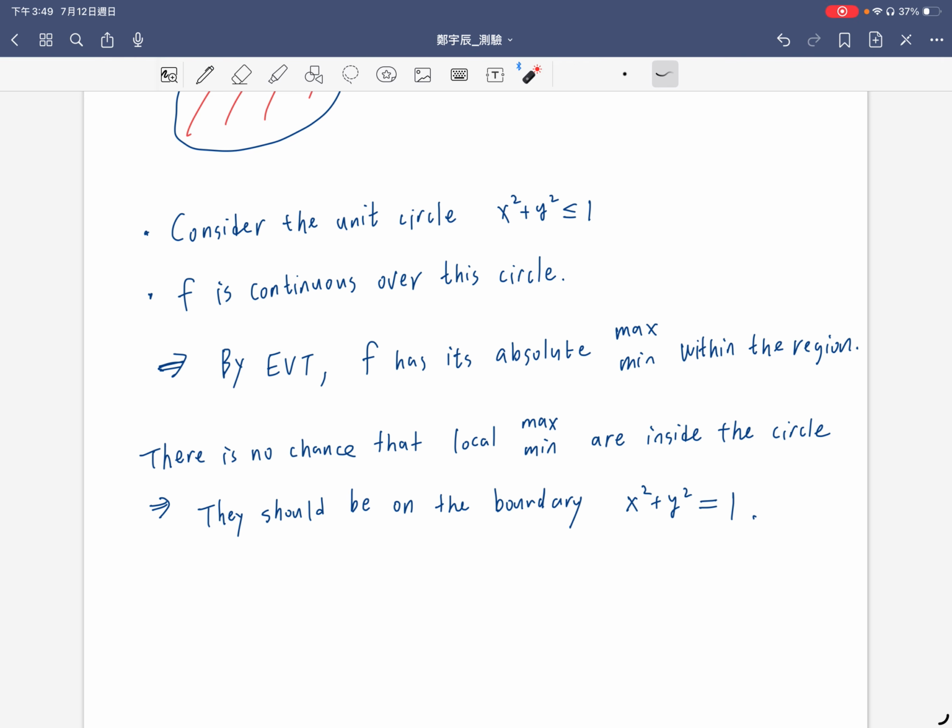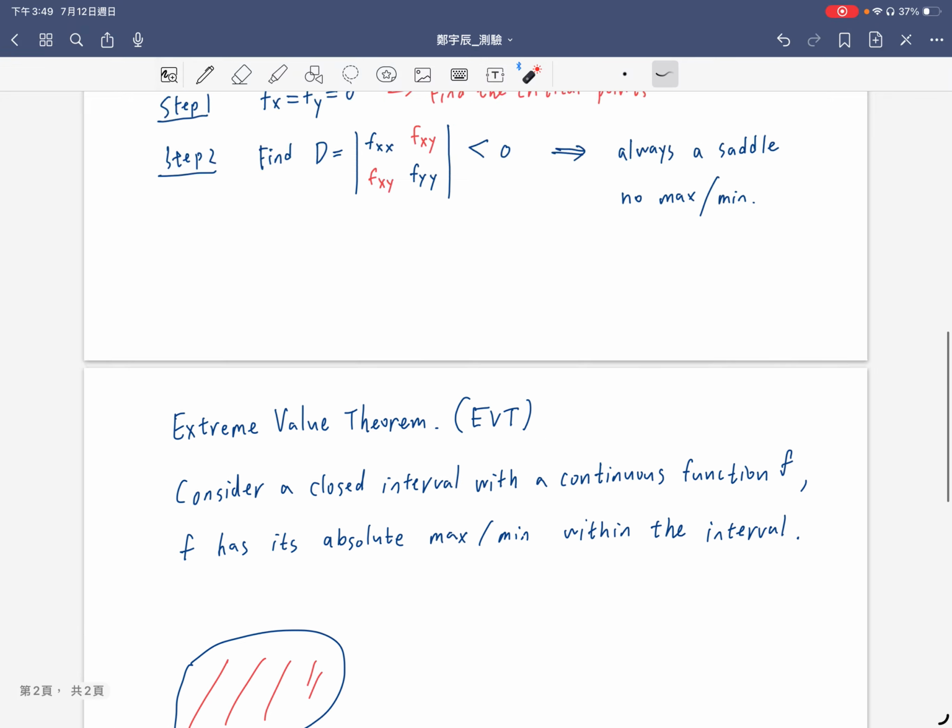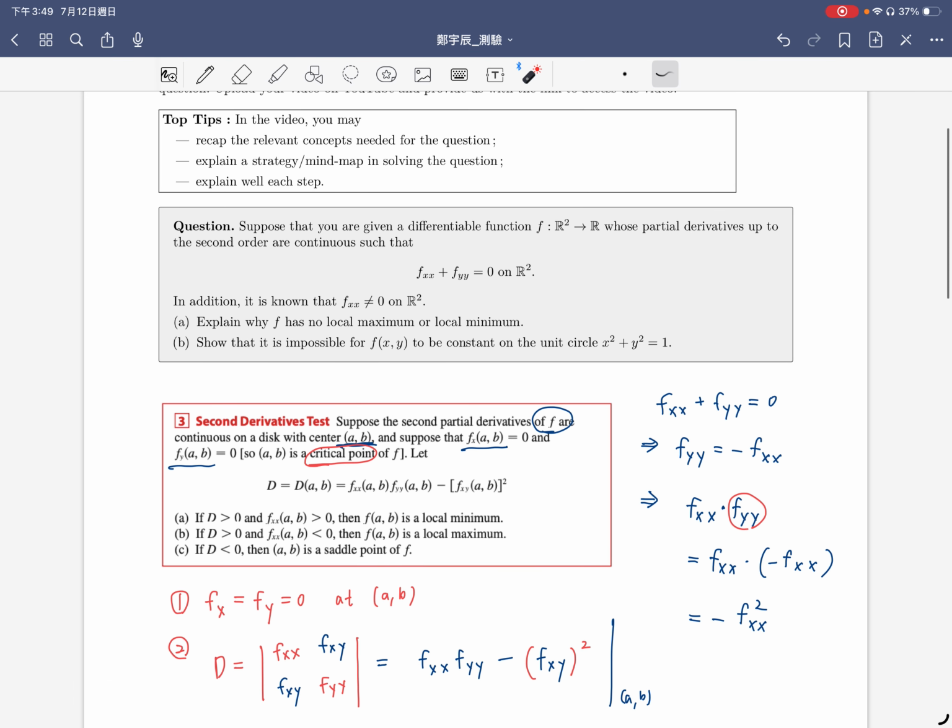Next, we realize the second condition, another condition. So we suppose f of x, y is constant on the unit circle. So we wish to show it impossible. So we do it conversely. We prove by contradiction here. So let's suppose f of x, y is constant on the unit circle.